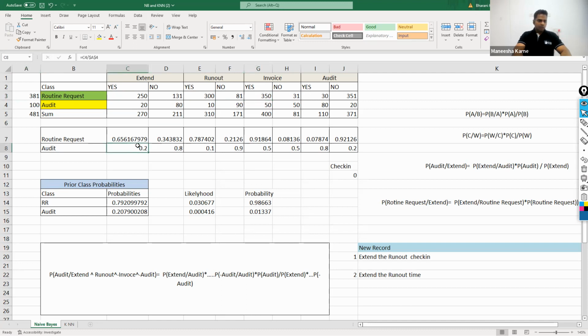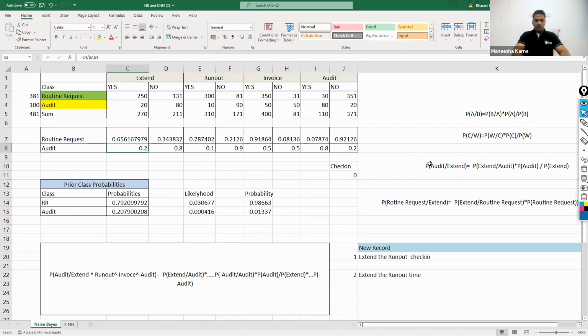And then here you're trying to get extend. What is the probability that the request belongs to audit, given that it has the word extend, right? For that, first of all, you see how many times this word extend appears given the audit request. Probability of extend given audit is this 0.2, 20 by 100.